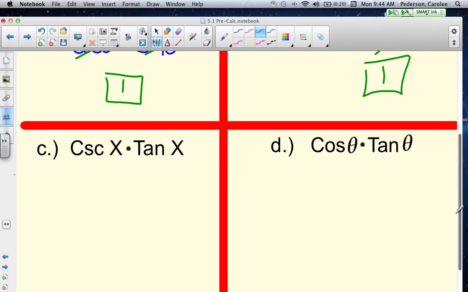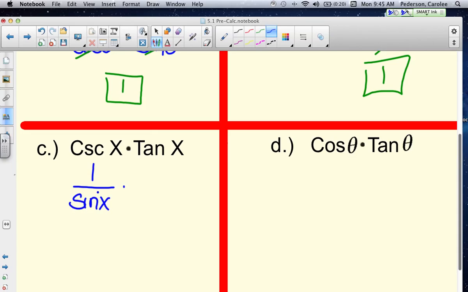Question C. The cosecant of x times the tangent of x. How can I get rid of those functions, or both of those functions? 1 over the sine of x is cosecant.